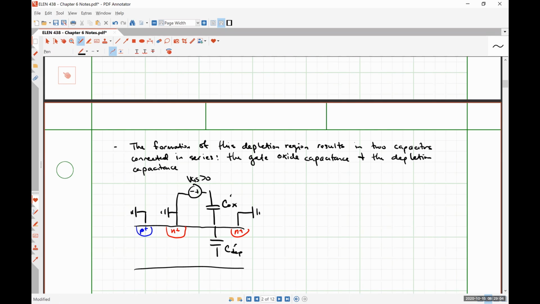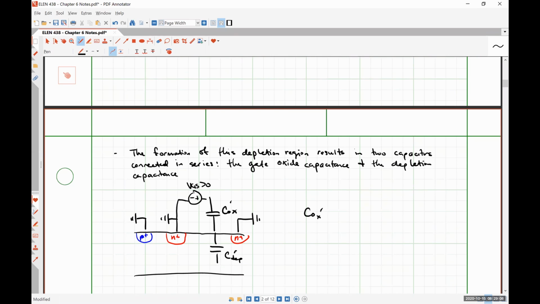Alrighty. So our gate oxide capacitance, Cox prime, because it's capacitance per unit area, is simply the permittivity divided by the oxide thickness. Since our gate oxide is typically silicon dioxide, it has a relative permittivity of 4.